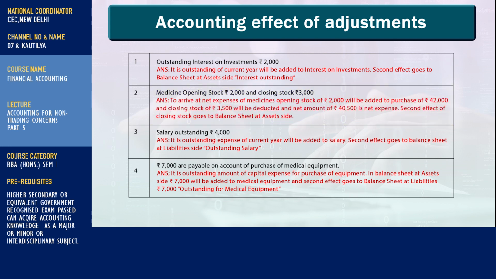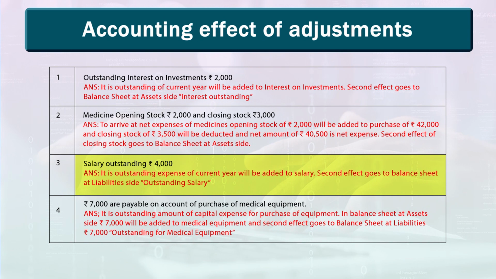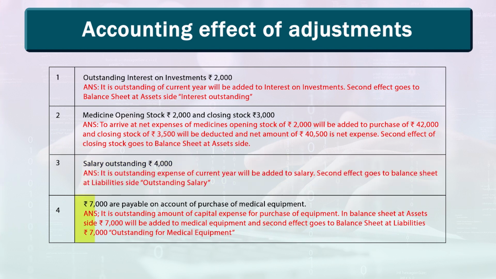The third adjustment is salary outstanding of rupees 4,000. It is outstanding expense of current year and will be added to salary. Second effect goes to balance sheet at liability side as outstanding salary. The fourth adjustment is rupees 7,000 payable on account of purchase of medical equipment.